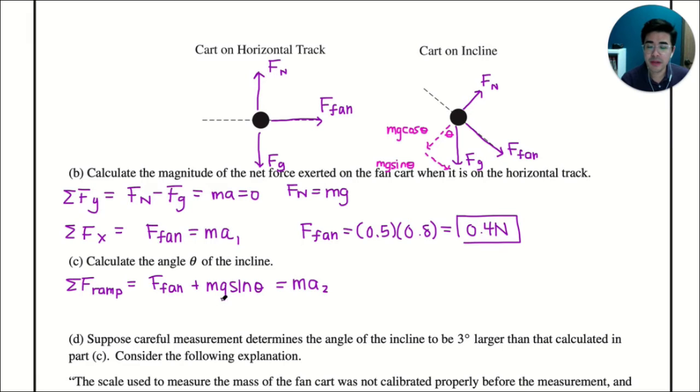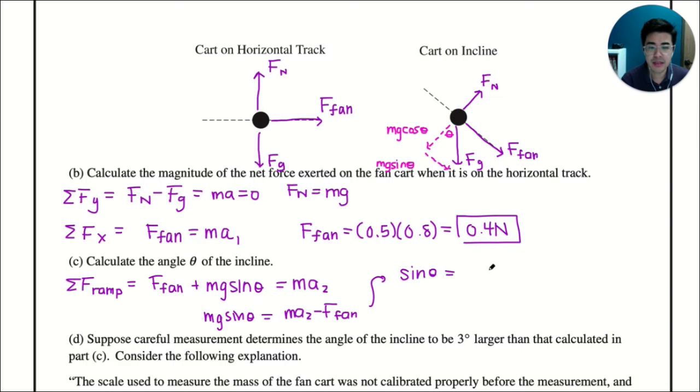So before we plug in numbers, let's always make the habit of just isolating the variable without the numbers. So what do we do first? We do mg sine theta is equal to ma2 minus the force of the fan. We divide both sides by mg.